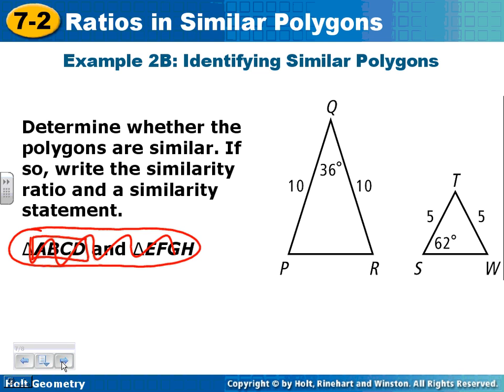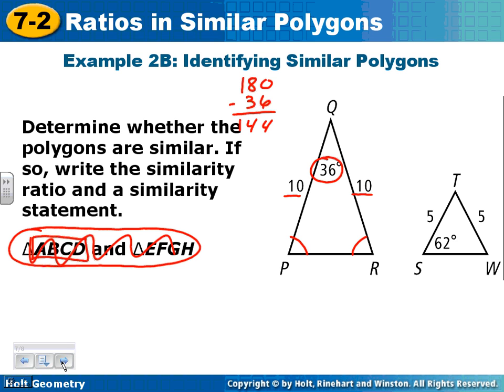Let's check my angles. Well, if this angle is 36 and this is 10 and that's 10, that tells me that these two angles at the bottom, these base angles, have to be equal. Here's how I figure that out. Remember the rule of 180? If you subtract that 36, that's how much? 144.